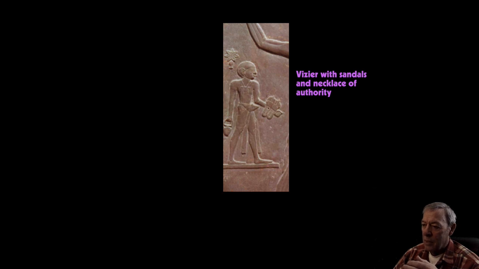He's carrying some type of a vessel there. I'm not sure what that is. Wearing a kilt and a necklace of authority. So pharaohs typically would give their viziers or their advisors necklaces that they could wear that would indicate to anyone seeing them that they were a person of importance and approved of by the pharaoh.